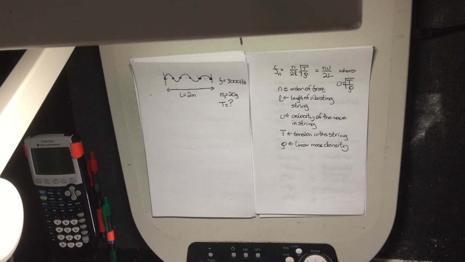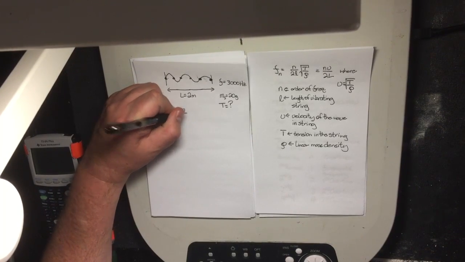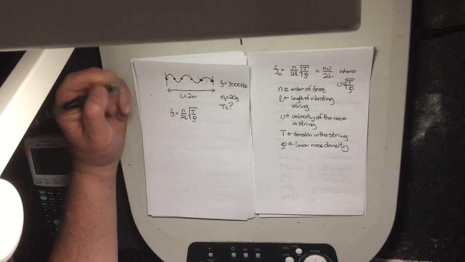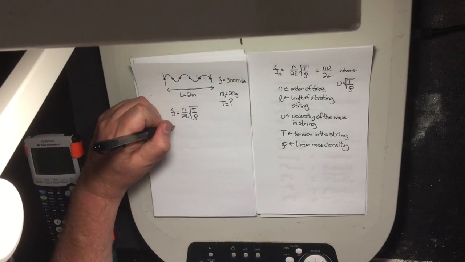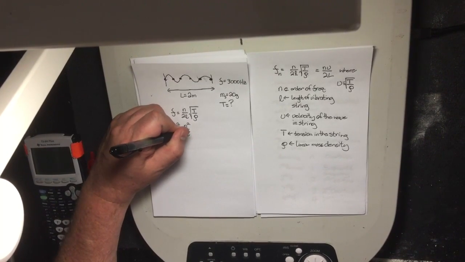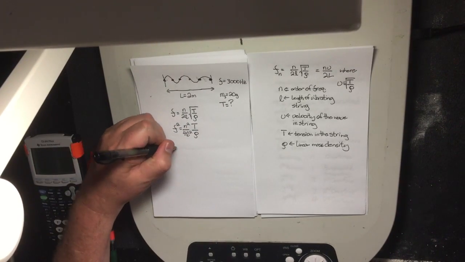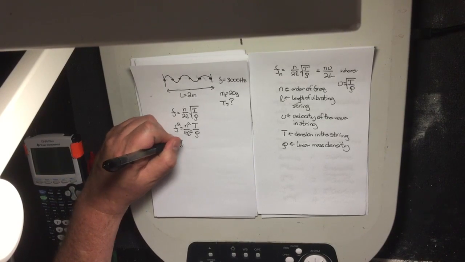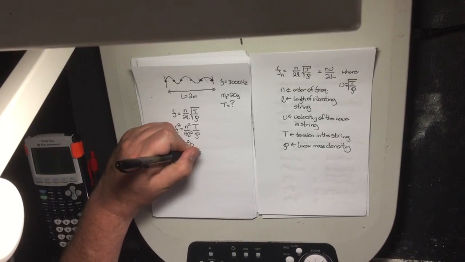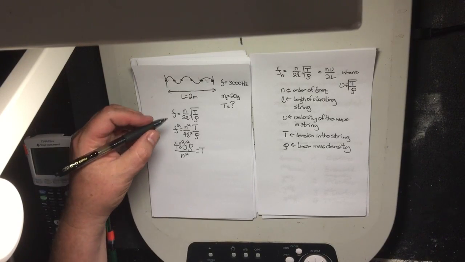How much tension do you have to put on the string in order for it to vibrate like this? Well, you use F = nV over 2L, V being the square root of tension over rho. I've got to solve for T. F squared equals n squared over 4L squared times T over rho. Solve for T: 4L squared F squared rho over n squared is equal to T. Now I didn't give you rho, but it's easily solvable.